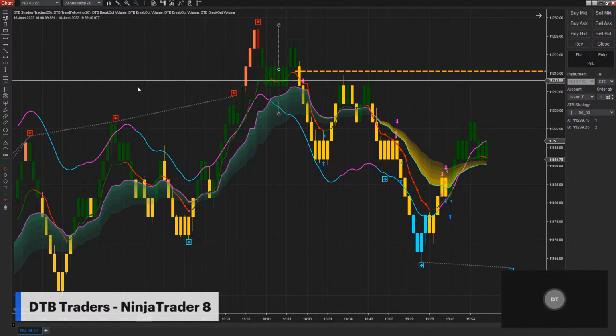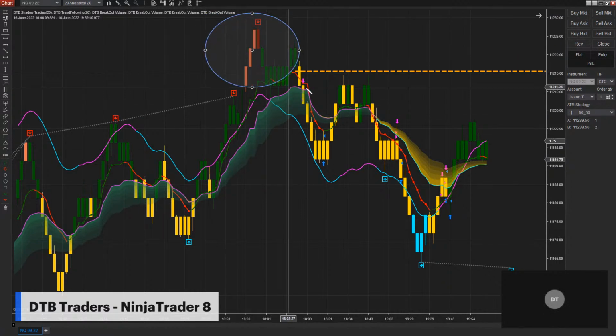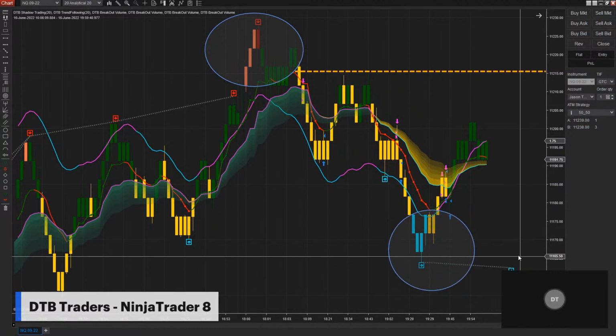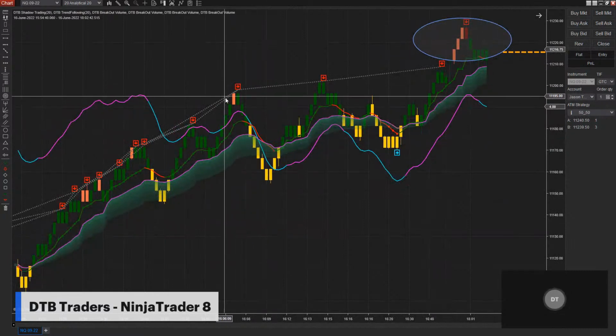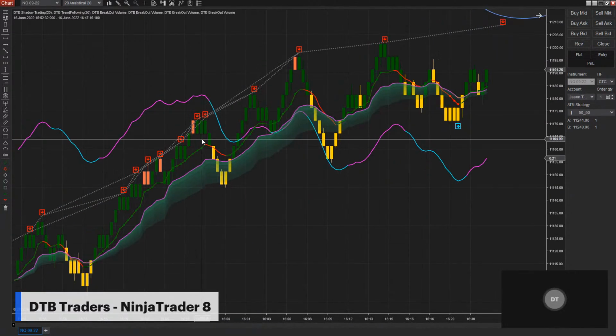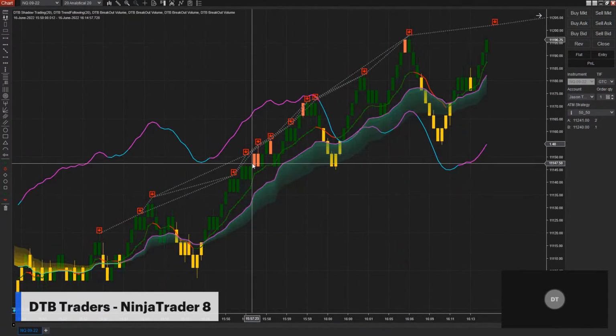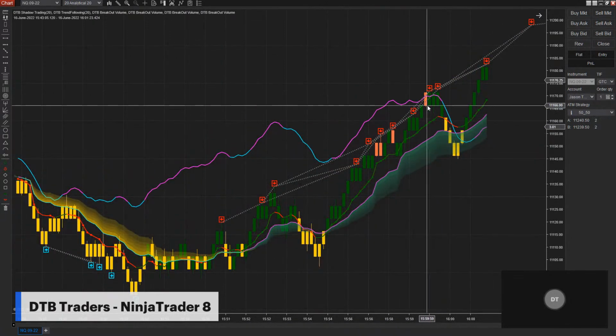So there is your red and tomato, and there's your cyan. So anytime you go back on the chart, there we go. We've got a tomato, price reversed. Look over here though. You see, similar look to what we have here.